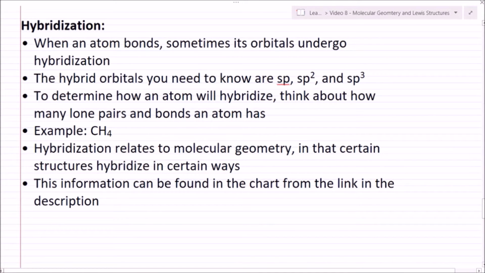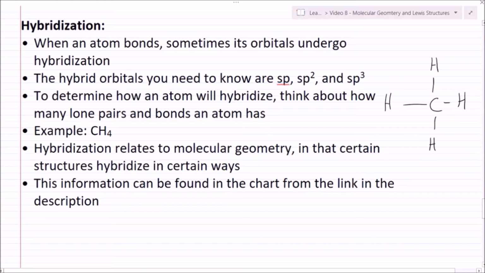Now, to determine how an atom will hybridize, think about how many lone pairs and bonds an atom has. So for example, CH4, I'll just quickly draw the Lewis structure because I know it. Now here we have 4 bonds and 0 lone pairs. So we need to hybridize 4 orbitals. And so carbon is going to hybridize sp3.